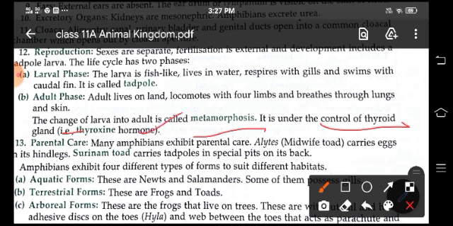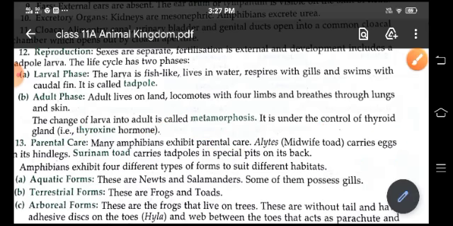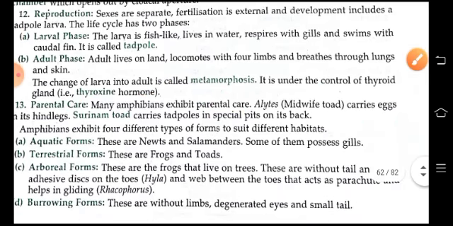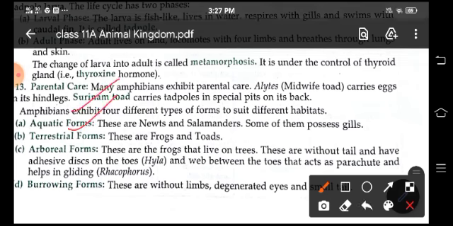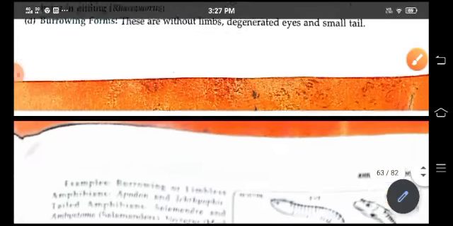Many amphibians show parental care. Alytes, the midwife toad, carries the eggs on its hind legs. Okay, the amphibians are of different forms to suit their habitats. They may be aquatic, terrestrial, arboreal or burrowing forms. Okay.